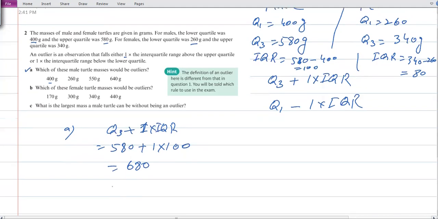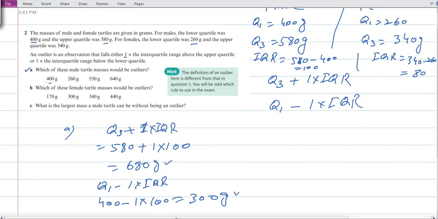The other possibility is Q1 minus 1 into the interquartile range, 400 minus 1 into IQR, which is 300. Any value less than this, in grams, will also be an outlier.